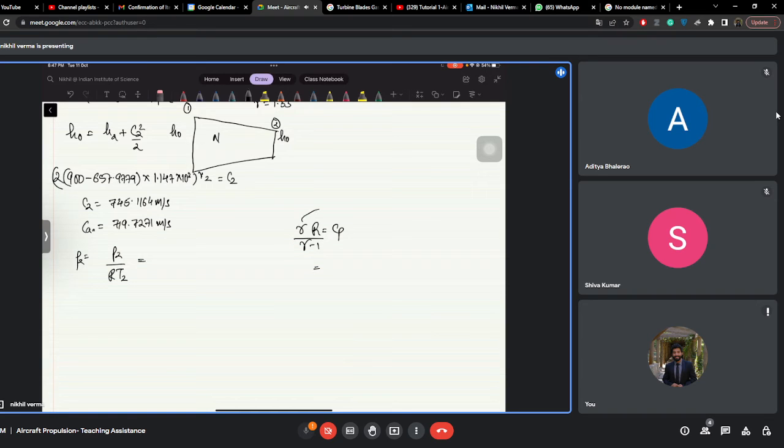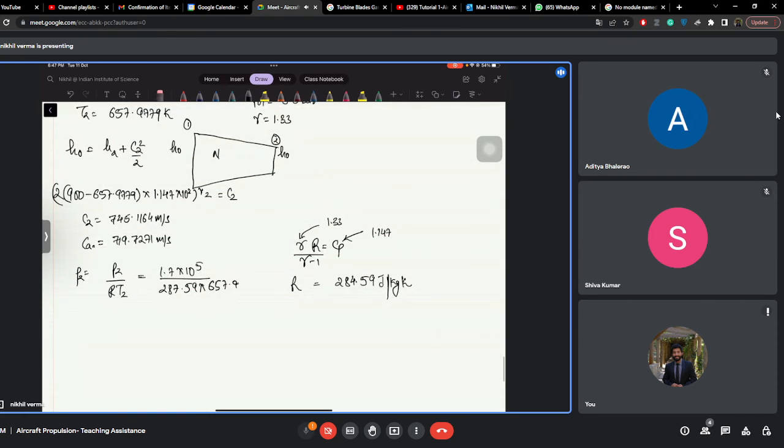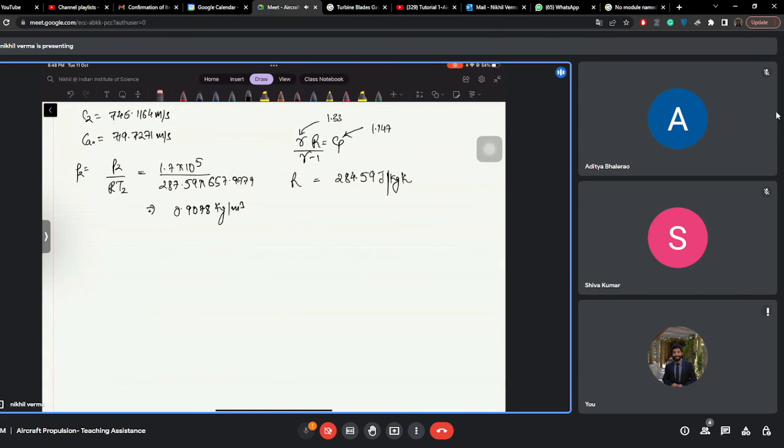With gamma 1.33 and Cp 1.147, if you calculate R, you will get 287.59 joule per kg Kelvin. So it is 1.7 into 10 to the power 5 by 287.59 into T2, which is 657.9779. So you will get density as 0.9078 kg per meter cube.